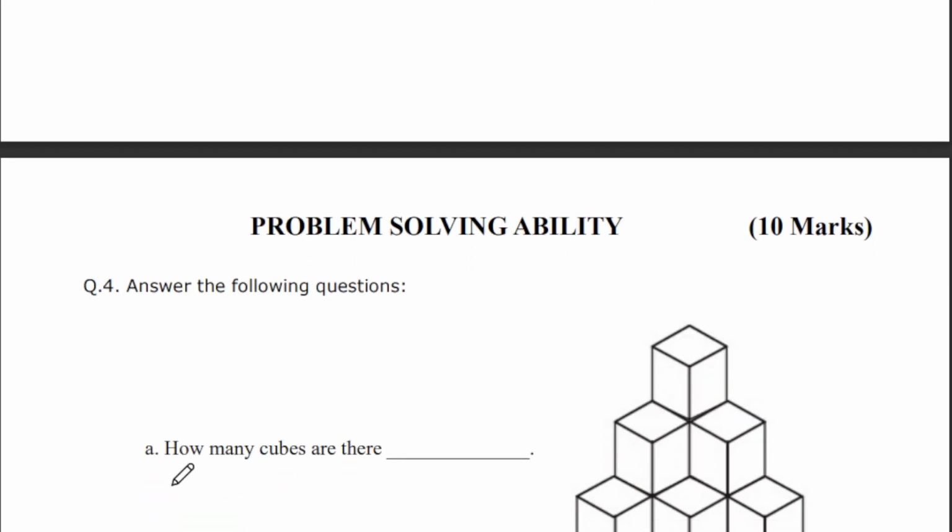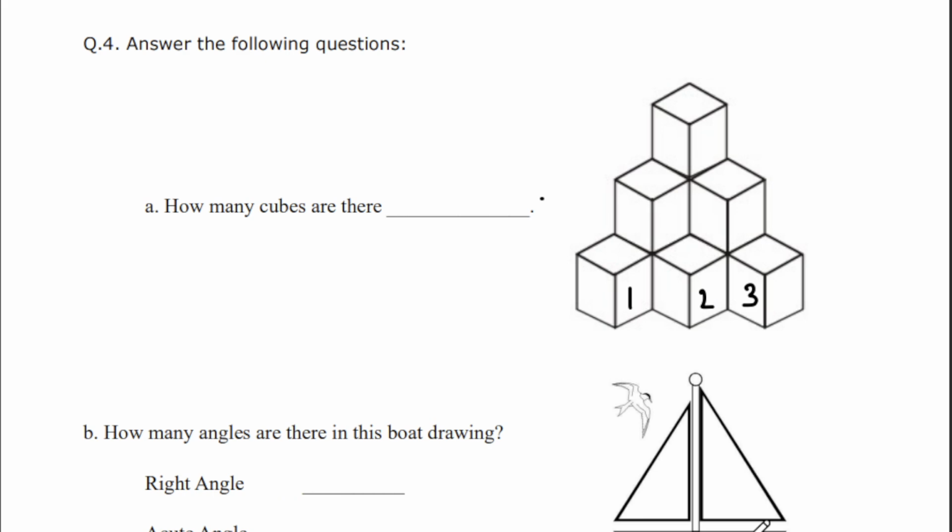Answer the following question. How many cubes are there? So we need to find and write the number of cubes. First, in the bottom, we have 1, 2, 3. I'll do it in different colors so it will be easy for identification. I'll do it in blue color. So we have the first row, 1, 2, 3, and we have 2 more here beside.